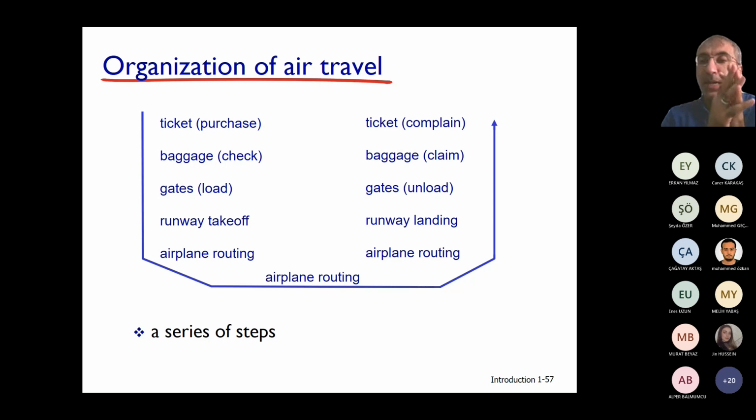So the question is, can we do all these tasks within a single point? Let's say that single point is the pilot. The pilot is going to sell the tickets, receive the calls and listen to the complaints, collect the baggage, guide the passengers to the gates, and on top of that, fly the airplane.